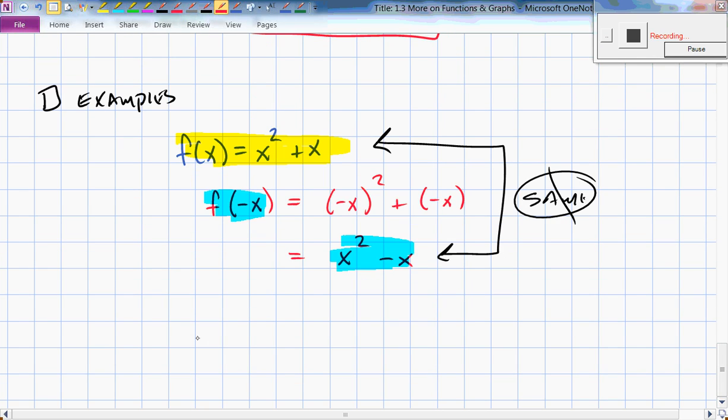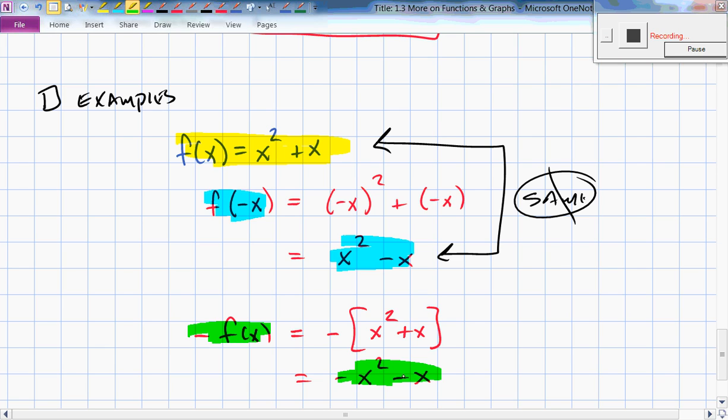Now, let's try this. Let's compare the negative of f of x. Well, that literally means put a minus sign in front of everything that f of x is, x squared plus x, and then we're going to distribute. That gives me negative x squared minus x. So here is negative f of x, and I'm going to compare that to f of negative x. Are those the same? Yes or no?